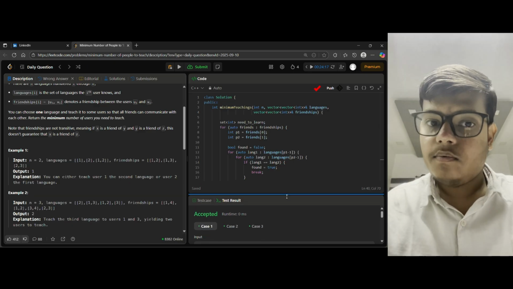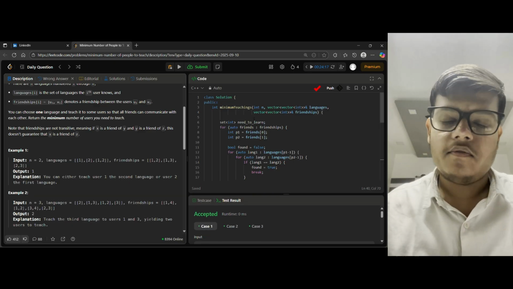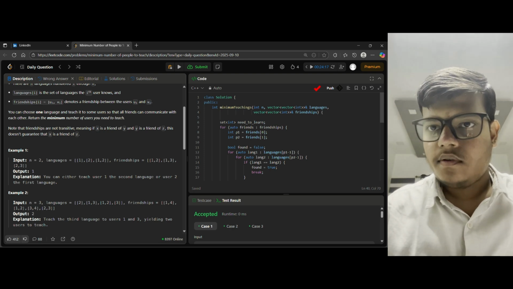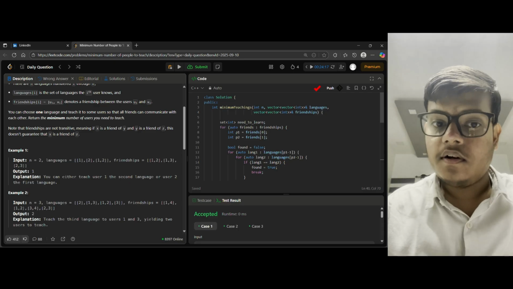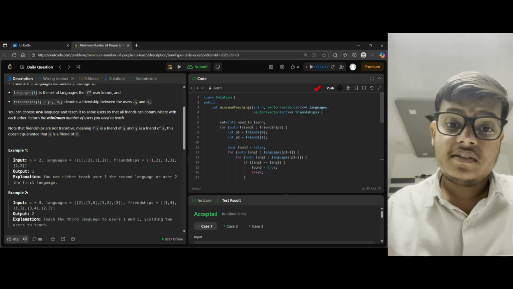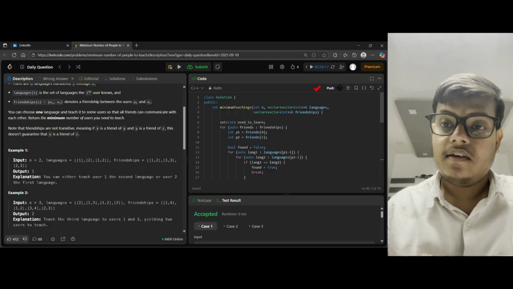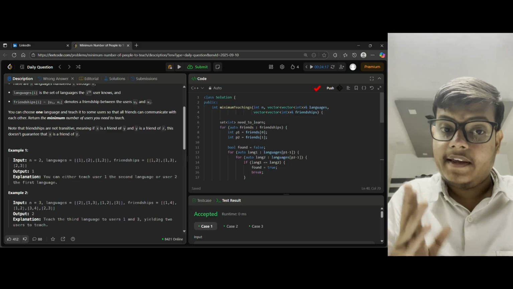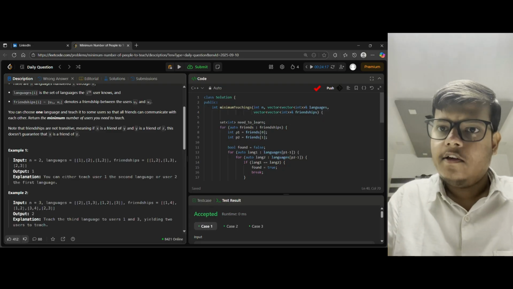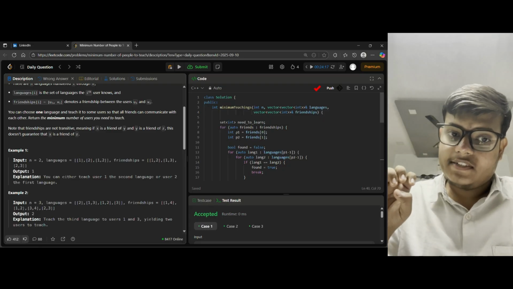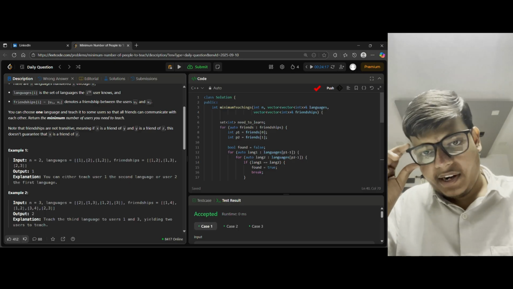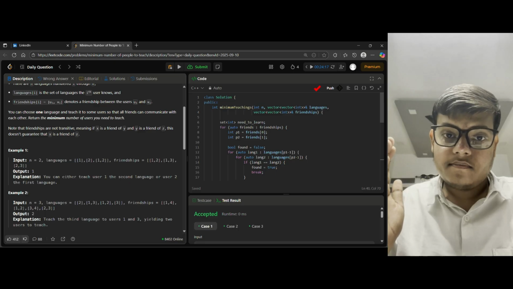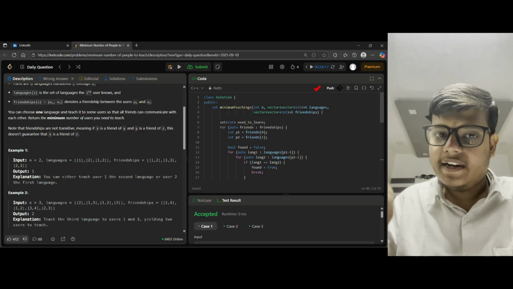I have created one set, need to learn. In this set, we are going to insert the friends who cannot communicate. For checking the friends who cannot communicate, we take each pair of friendship, we take two friends and we check if they share any mutual language.